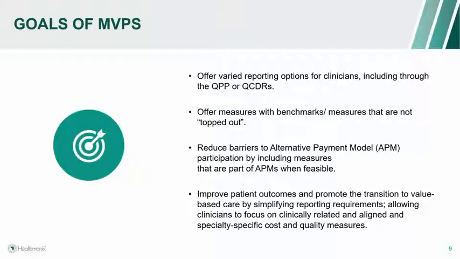They offer a smaller subset of measures with benchmarks that are not topped out to better meet your performance goals. They reduce barriers to APM participation by including measures that are part of APMs when possible. And finally, they promote the transition to value-based care by simplifying reporting requirements and allowing clinicians to focus on clinically related and aligned measures that are specialty specific.